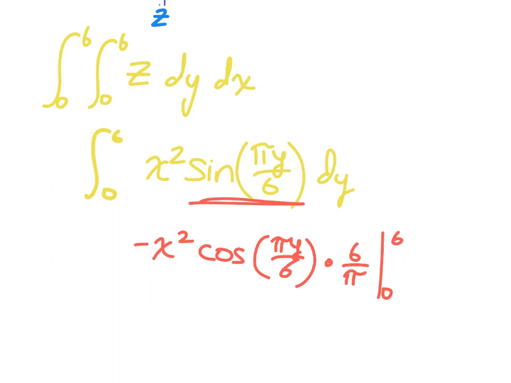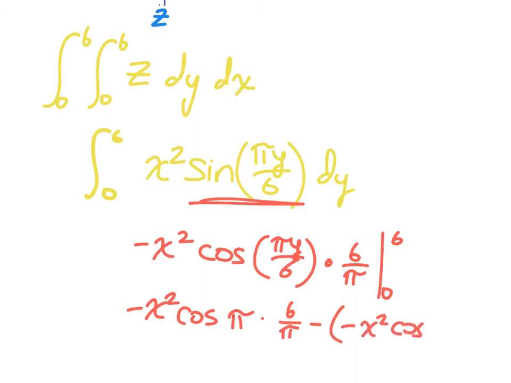All right, so plug in the 6. We're looking at negative x squared, because it's still with respect to y, cosine of pi times 6 over pi, minus, I'm going to do the same thing, but then I'm plugging in a 0. So negative x squared cosine of 0.